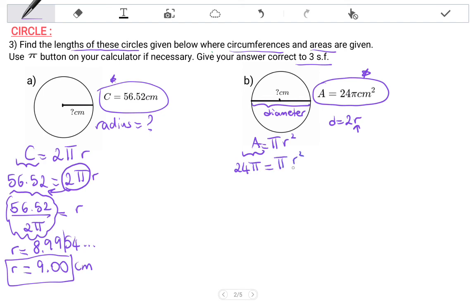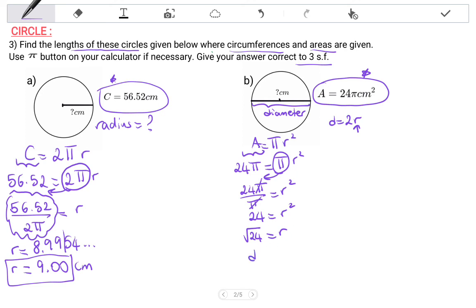I try to leave r alone, so take pi to the other side by dividing, and the pis cancel each other. So 24 equals r squared. To get r, I will take the square root of both sides, and you will have square root of 24 as the value of r. And don't change your value.